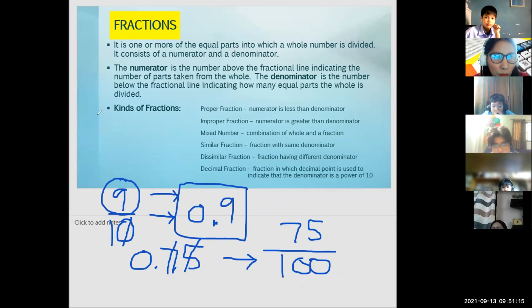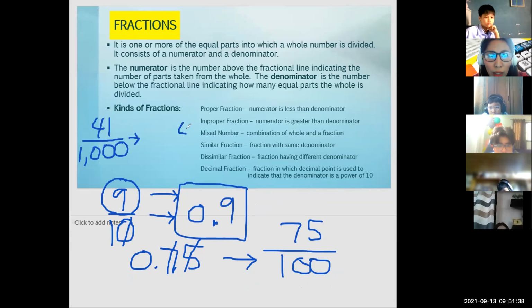Other examples. Sige, bigay tayo ng mas marami. Let's have 41 over 1,000. How are we going to convert this one to a decimal? You just have to copy lang the 41, okay? Copy 41. And then how many zeros are given? 3, right? 1, 2, 3.